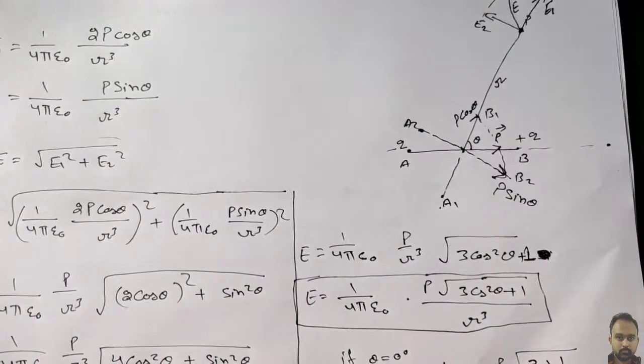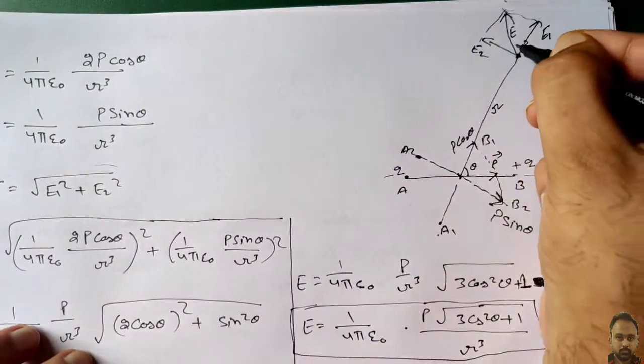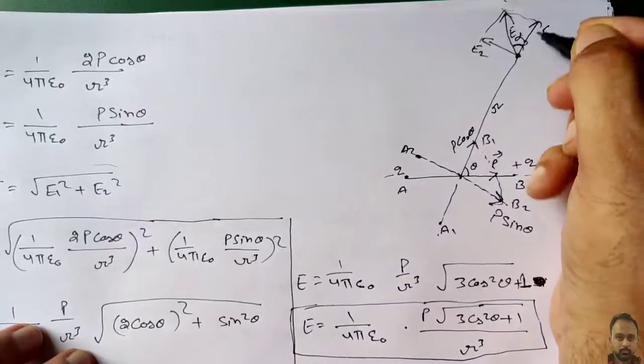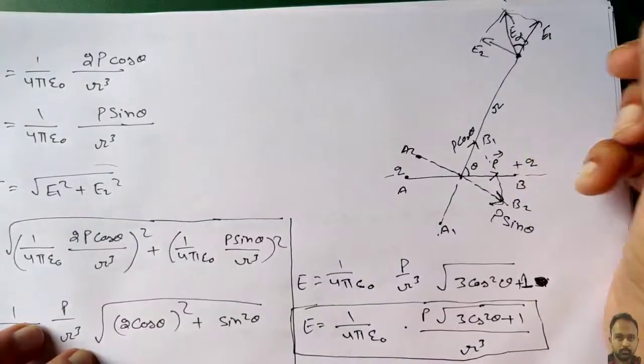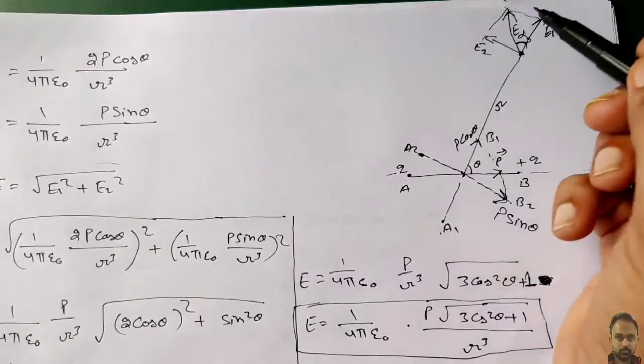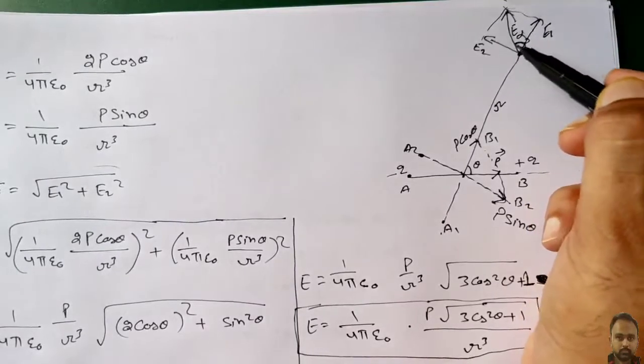So now what about the direction of the resultant E? Let us say this resultant E makes an angle alpha with this distance r, then we can find the direction of this angle alpha by choosing this triangle whose this side is E2 equals to this side.